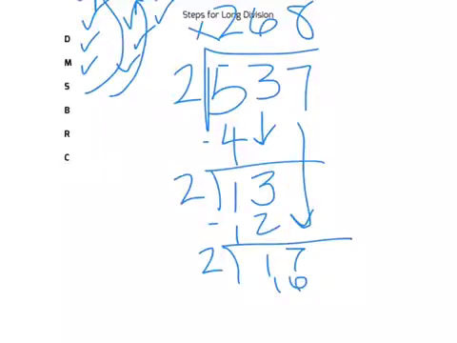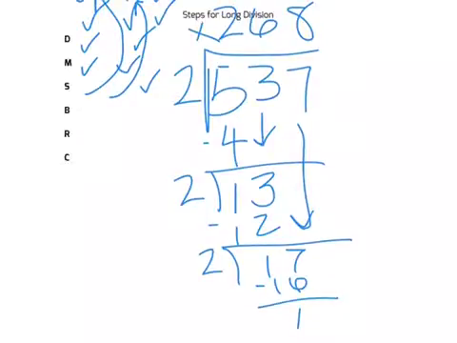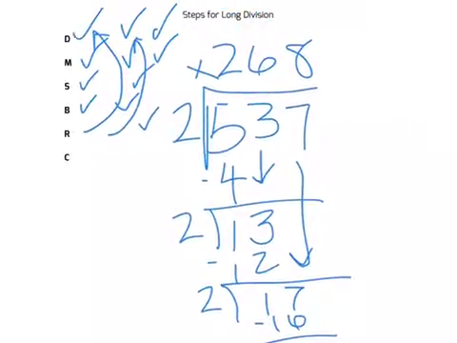My next step is subtract. Do I have anything left to bring down? That answer is no. So now I can move on to my remainder. Can 1 be my remainder? The answer is yes. So up here I write remainder 1.